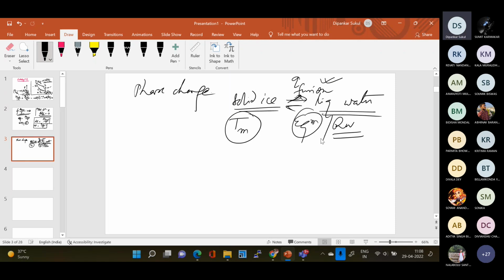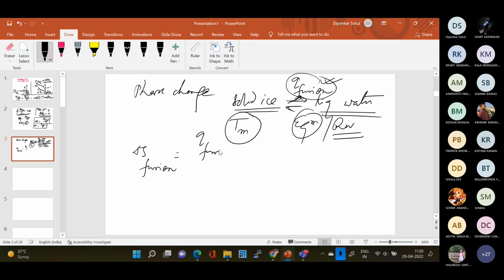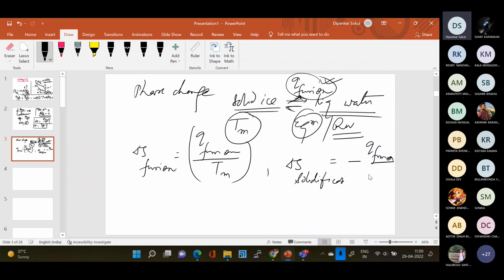Hence, for this reversible heat change, what is the corresponding entropy change? That is the entropy change for the fusion process. That will be equal to the corresponding latent heat of fusion divided by the corresponding temperature, that is the melting temperature. Then what will be the entropy change of solidification? This will be just the reverse, that is negative of Q fusion by Tm, negative of delta S fusion.